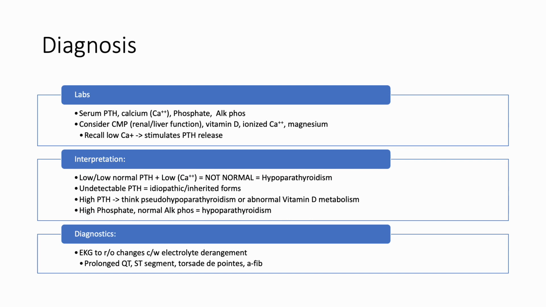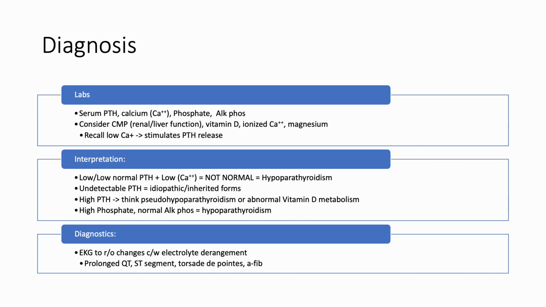So if we have a low or even low normal PTH concentration in the setting of hypocalcemia, this is going to suggest hypoparathyroidism, right? So it's not normal. If we have an undetectable, and I think I have a little typo here, it should say PTH, this may indicate an inherited form.